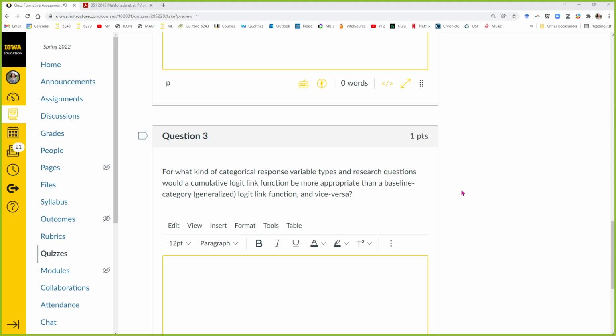So if you can treat an ordinal outcome using a nominal model, can you take a nominal outcome and fit it with an ordinal model? No. No, that's the one thing that would not make sense.